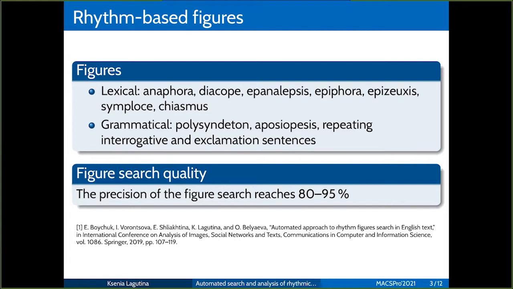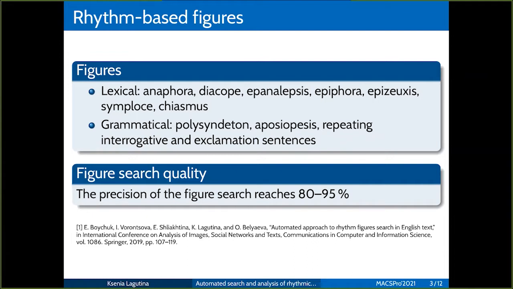There are lexical figures: anaphora, diacope, epanalepsis, epiphora, and so on. For example, anaphora is repeating words at the beginning of sentences. Diacope is repeating words in the middle of a sentence, and so on. So we use figures that are based on repetition of words or phrases or different grammatical constructions, like epithesis, repeating interrogative sentences, and so on.